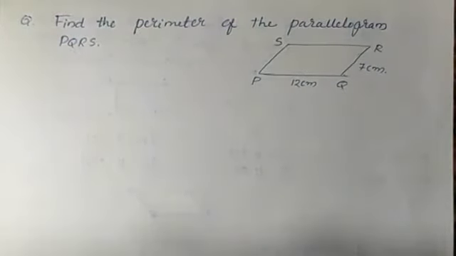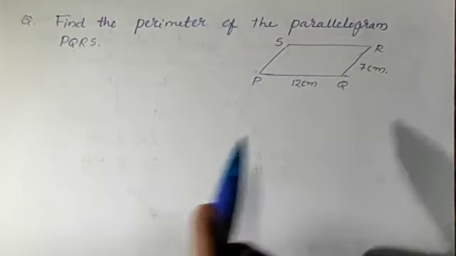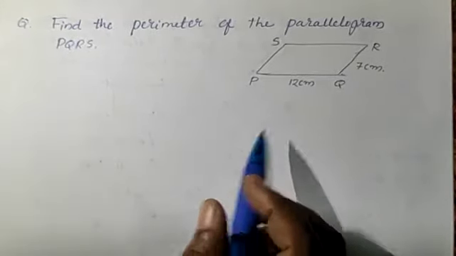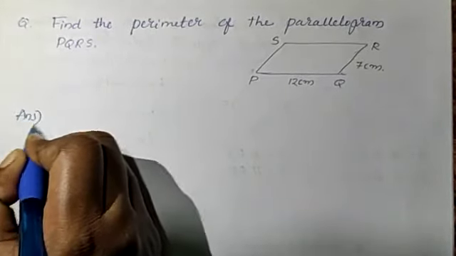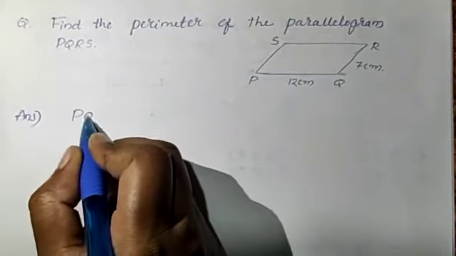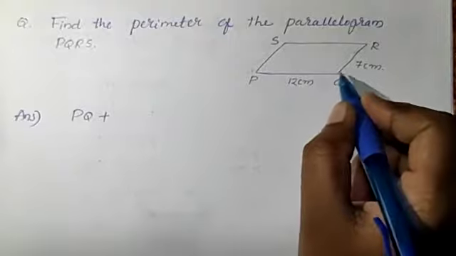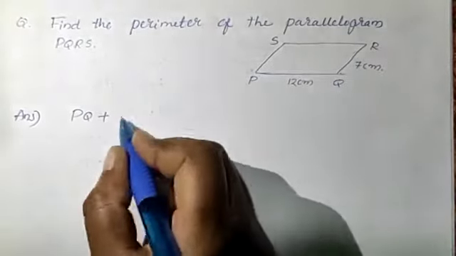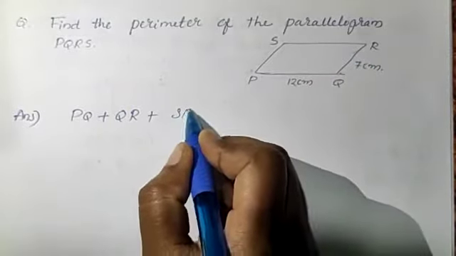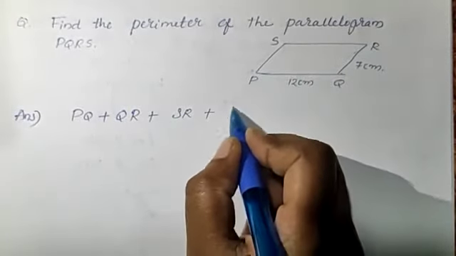Let's do a problem. Write the question. Find the perimeter of the parallelogram PQRS. See, this is the parallelogram. We have to find the perimeter. Perimeter can be PQ plus, add all the sides, QR plus SR plus PS.